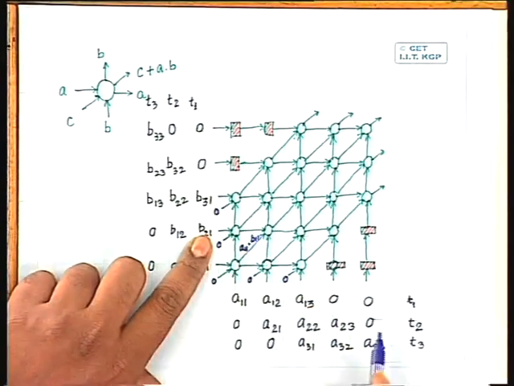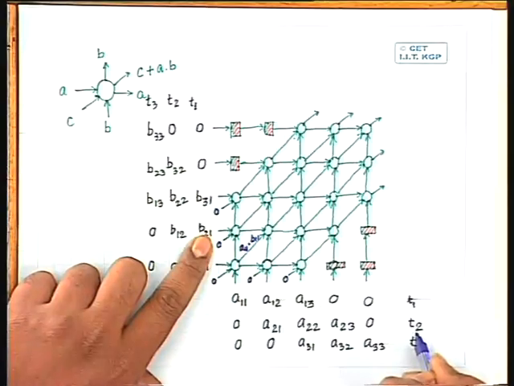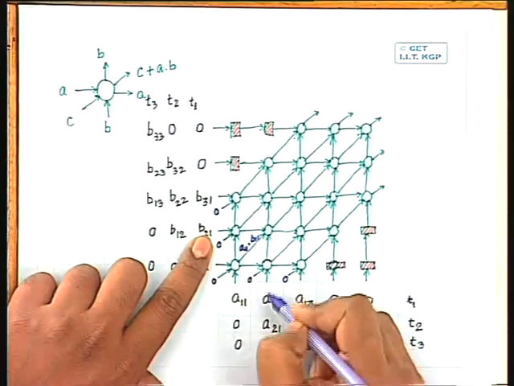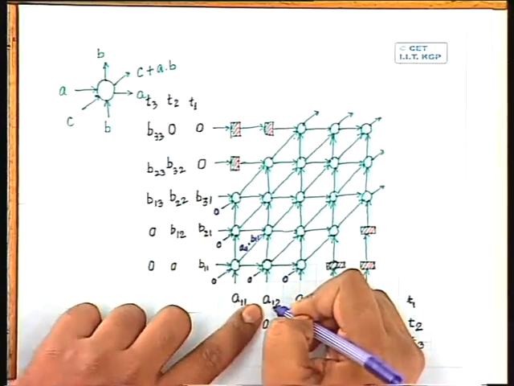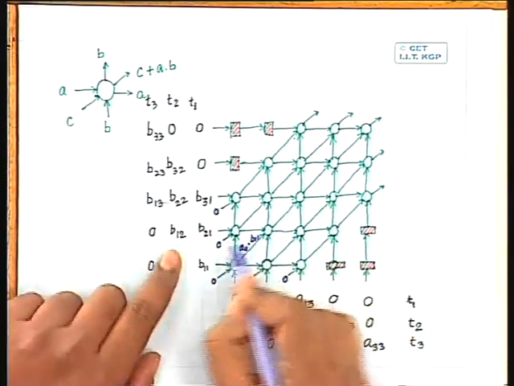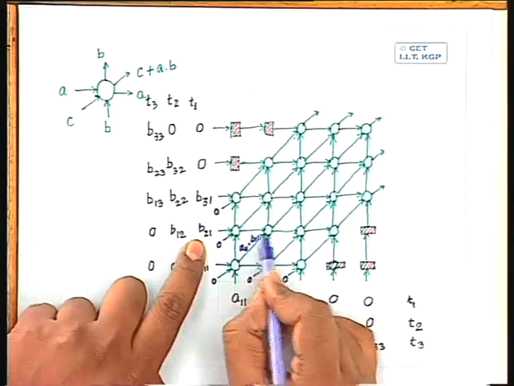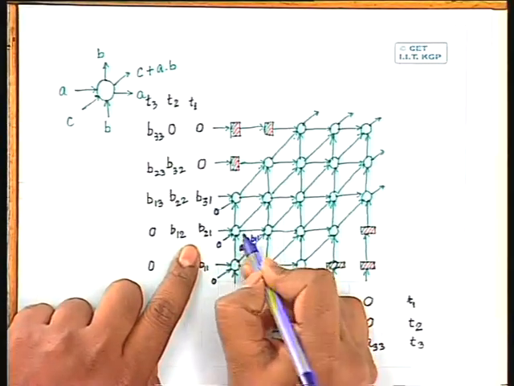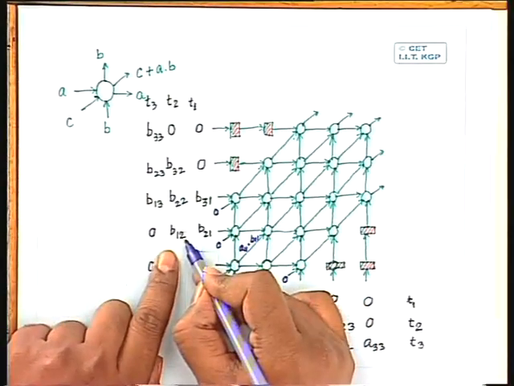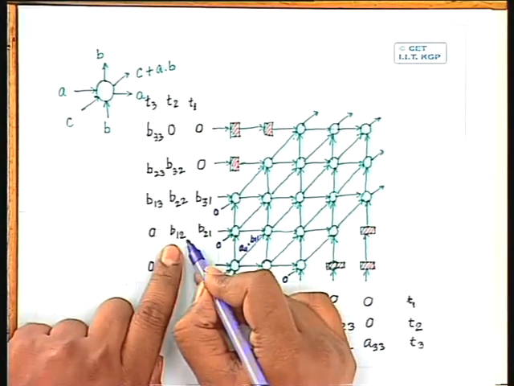So during T2, here I am feeding A21, but during T2, A12 is already available. Similarly, during T2, this B21 is already available here. The next data that I am feeding is B12.